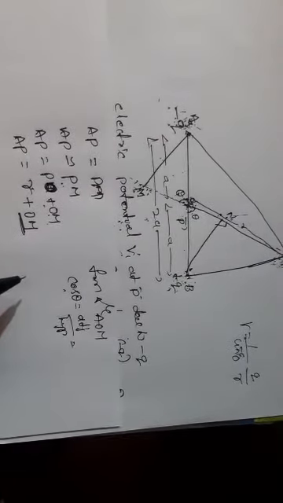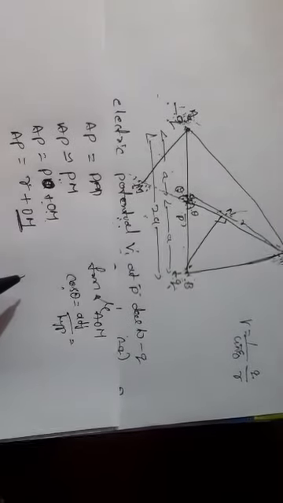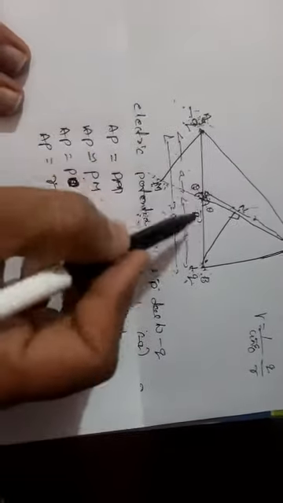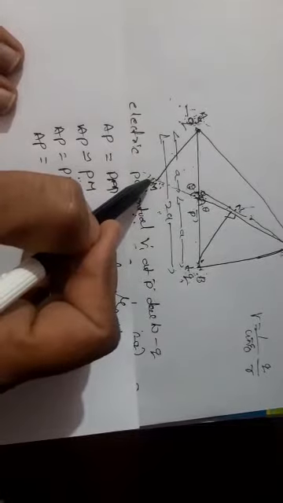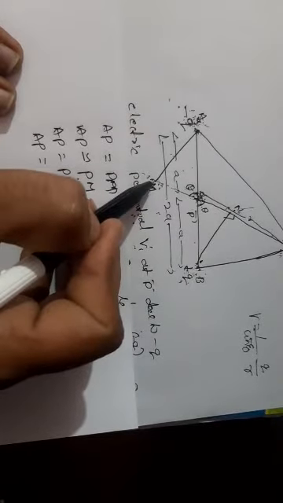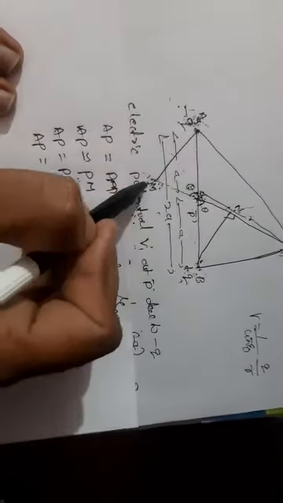Cos theta is defined as OM by OA. OM is the adjacent side and AO is the hypotenuse.